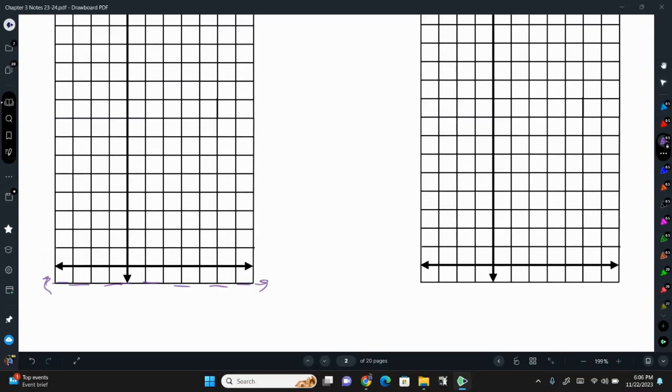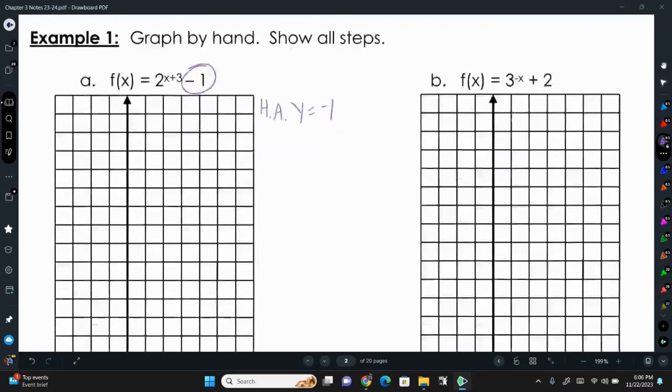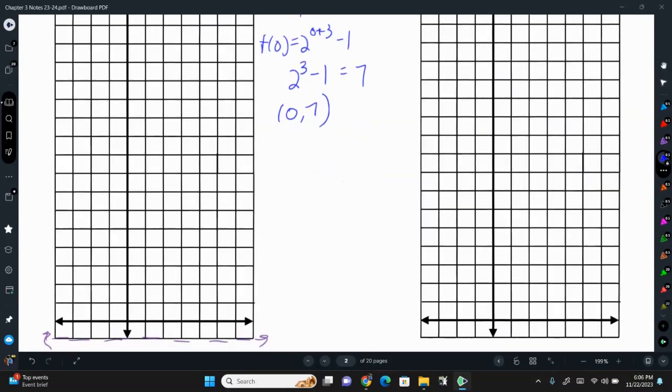Now our y-intercept, we're going to substitute in 0 for x. So we get 2 to the 0 plus 3 minus 1. Well, 2 to the 0 plus 3, that's 2 to the third minus 1. 2 to the third is 8, minus 1 is 7. So 0, 7 is our y-intercept.